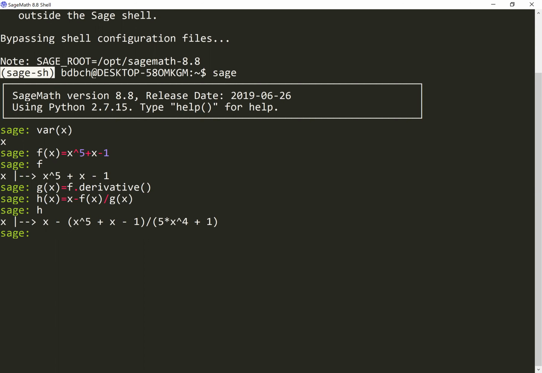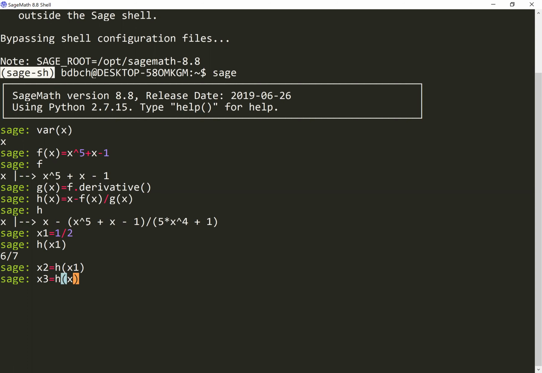You see we start from 1/2, so x1 is 1/2. Then we do iteration. So for instance, h(x1) gives x2, and then x3 is h(x2).